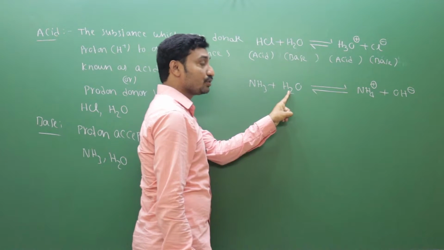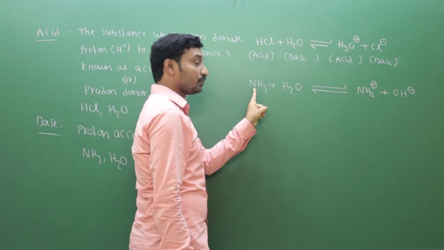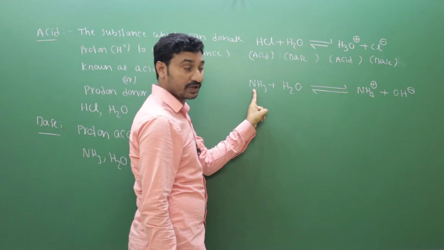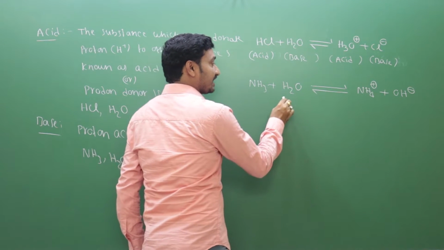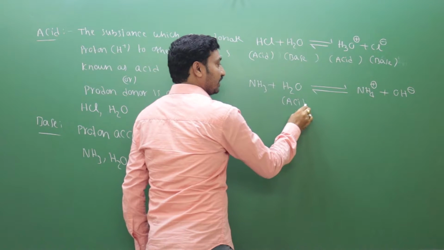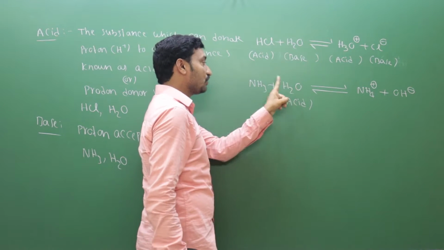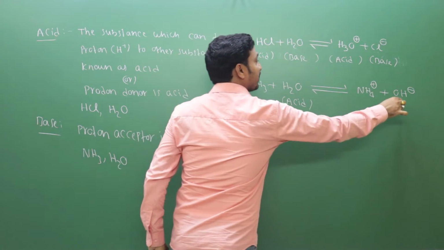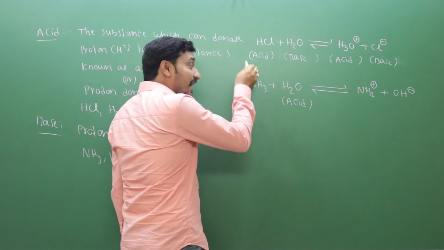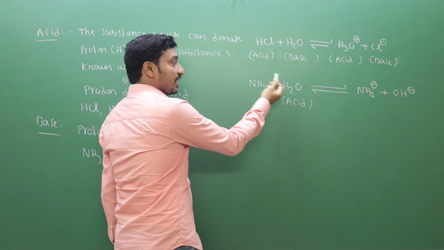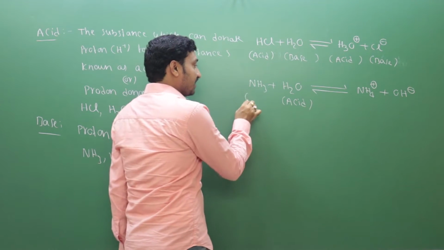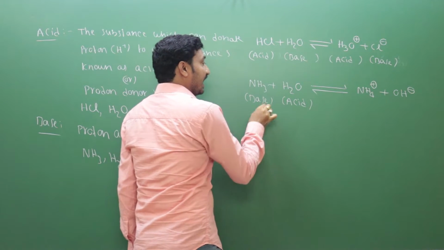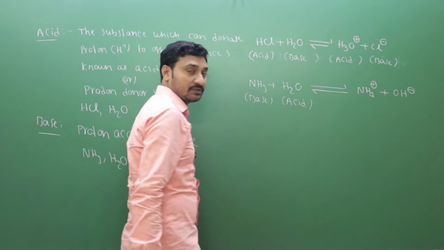Yes, H2O donates a proton to NH3. That's why H2O acts as an acid. It donates a proton to NH3 and is converted to OH minus, and NH3 accepts a proton from H2O. That's why this is a base and it is converted to NH4 plus.